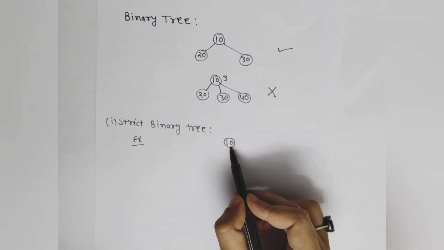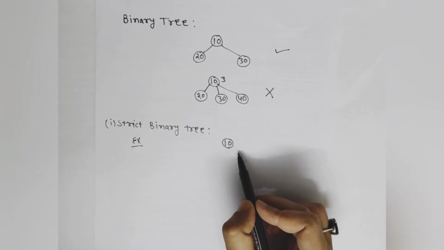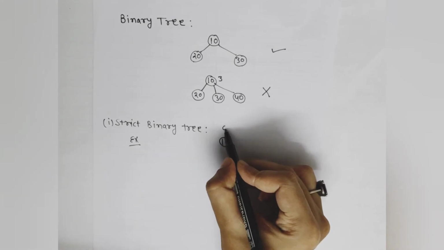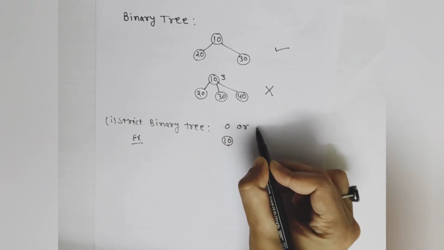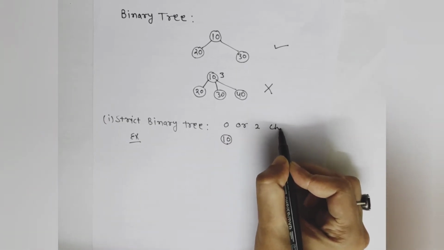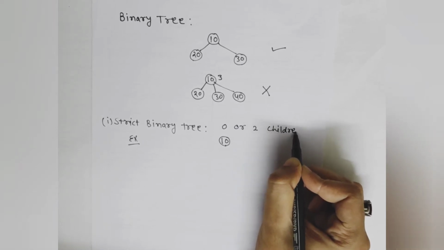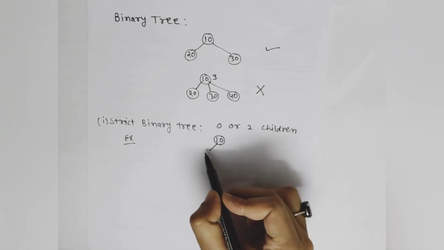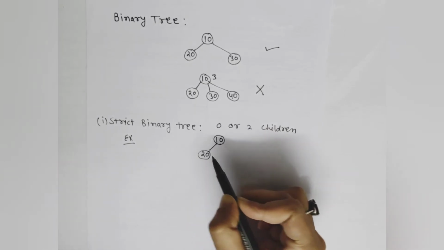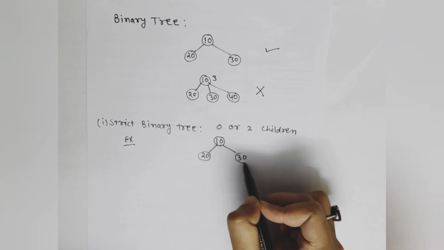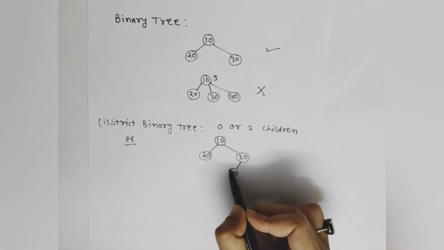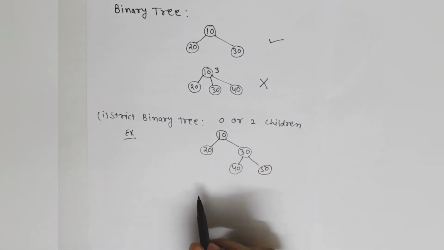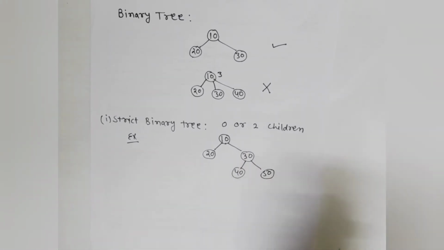The condition is that every node can have only 0 children or 2 children. For example, suppose I write a node 10. It is a strict binary tree because 10 has no children, satisfying the property of 0 or 2 children. Now suppose I add some more nodes, 20, 30, 40 and 50.